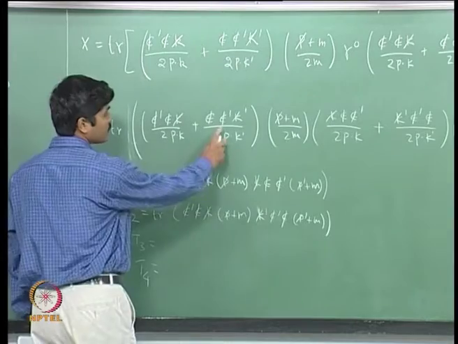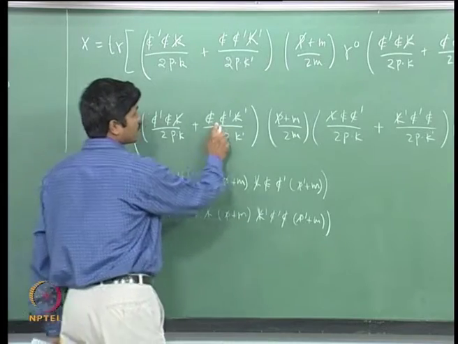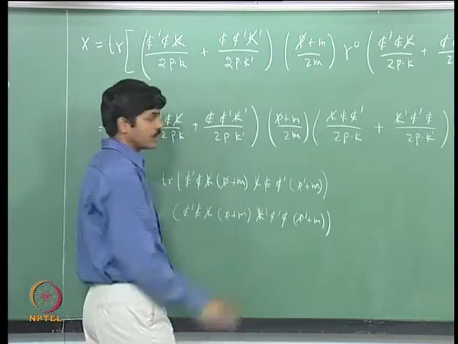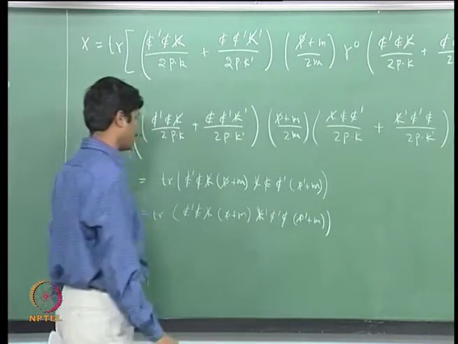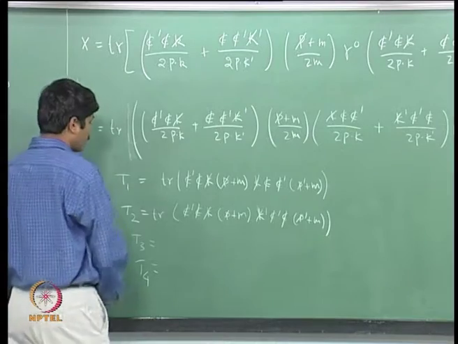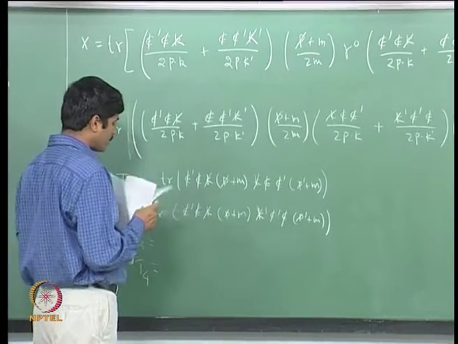T3 is just the product of this term and this term with this and this, and T4 is the last two terms multiplied together.